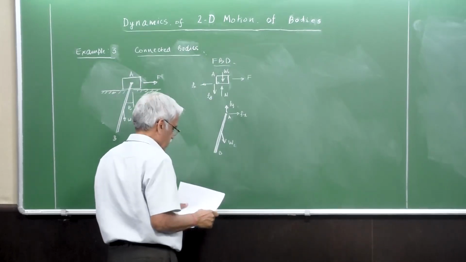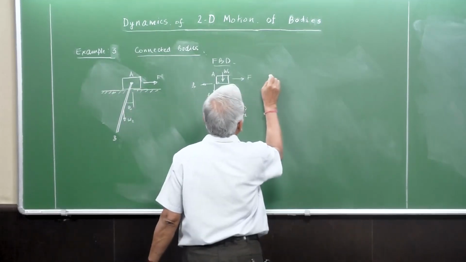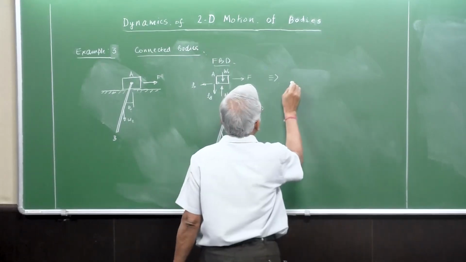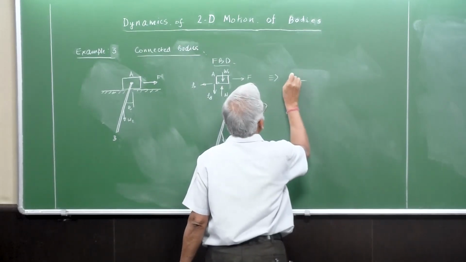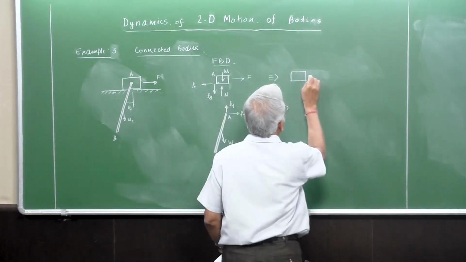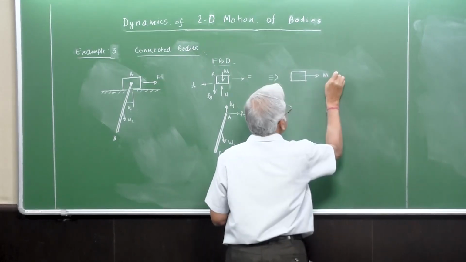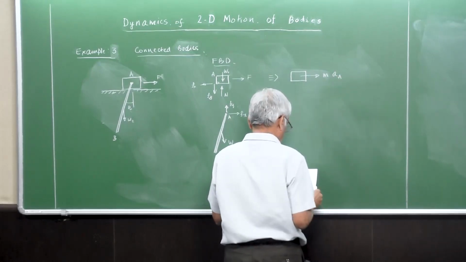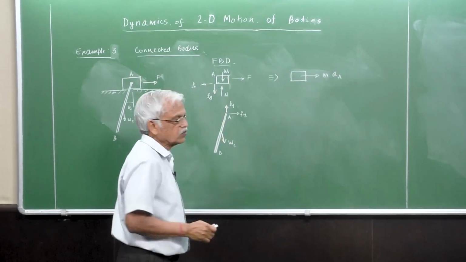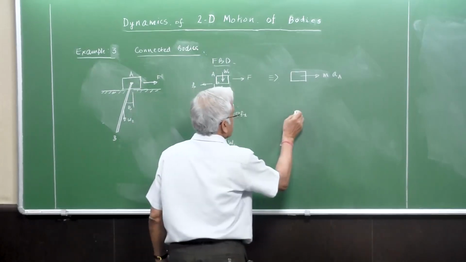Right? And then what is this now? This is the actual forces which are acting. So they will create accelerations, motion, okay, so it's mass times acceleration. Already we are using the constraint here that it's moving only in the horizontal direction.